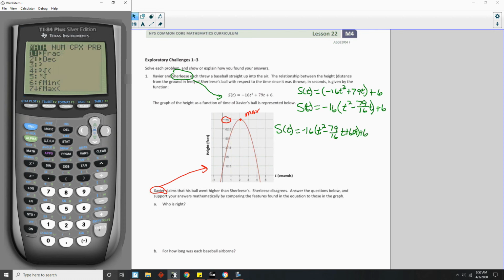I want a decimal for this, and it doesn't go into a decimal. Okay, so I took away the negative 16 times the 6.09. So I'm taking away 6241 over 64, so I have to add that back. So I'm going to multiply that by negative 1 just to make it positive, and then I'm going to add 6 to it.